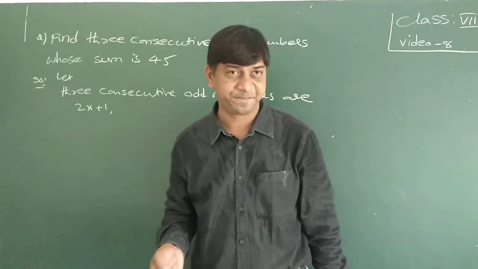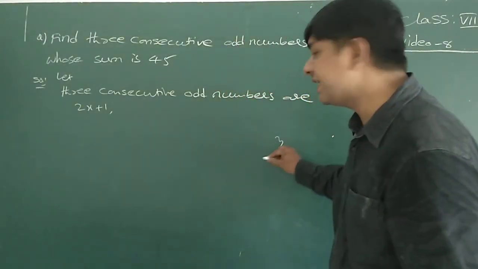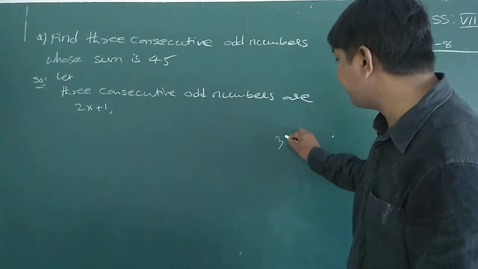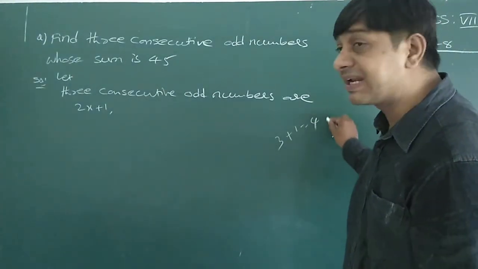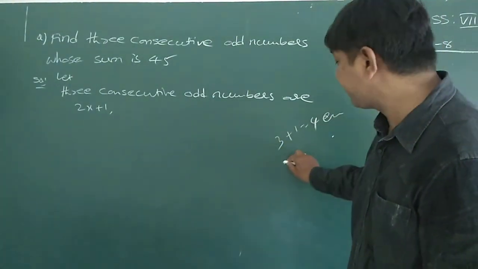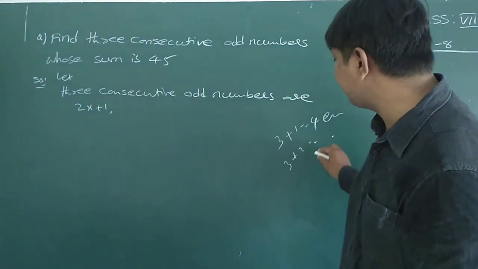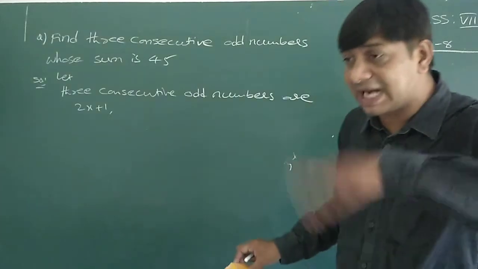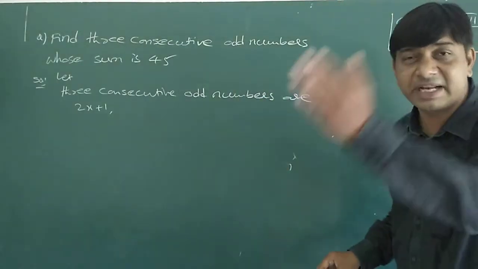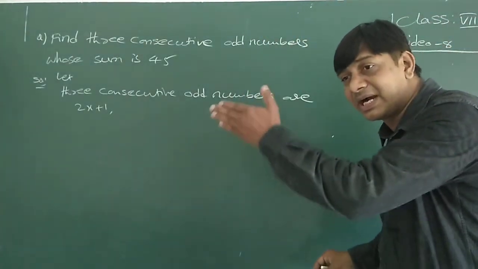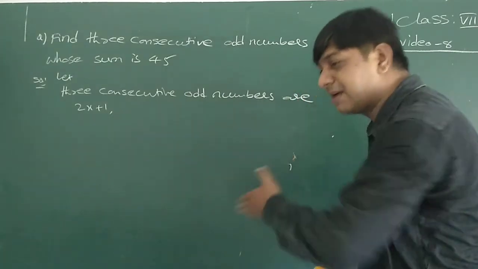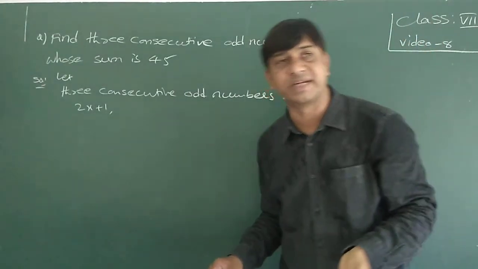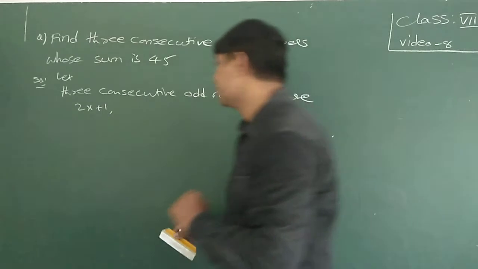Example: 3 is the first odd number. If I add 1, I get 4, an even number. If you add 2 to this odd number, you will get 5, the next odd number, because odd numbers are at alternate places: odd, even, odd, even, odd.